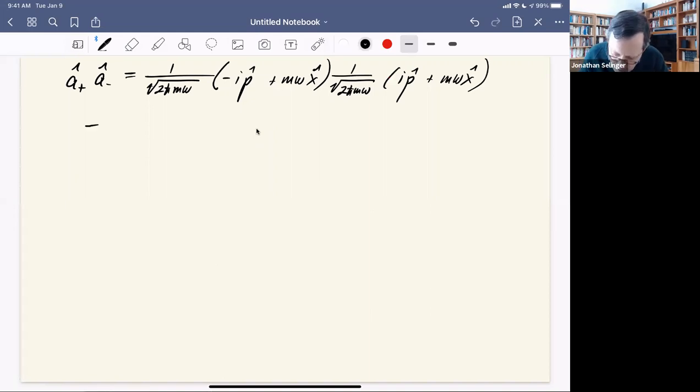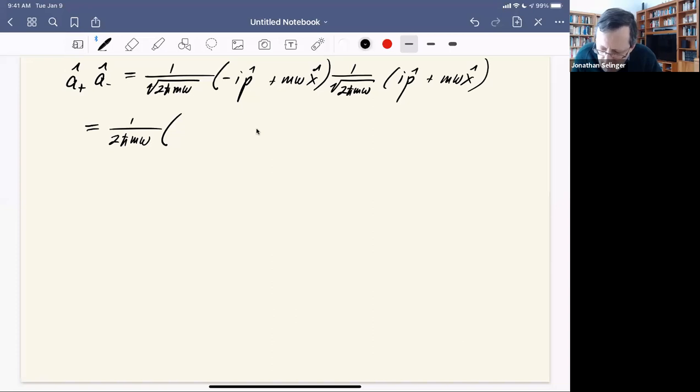I'm going to repeat stuff, but I'm going to do it more quickly this time because it's very similar to what we just did. So the square root comes out, and we get 1 over 2h bar m omega.